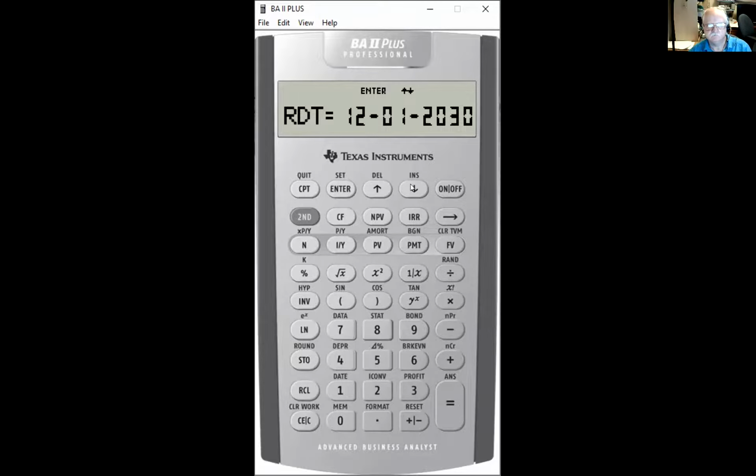Enter down. The redemption date is 6.0131. So we're hoping that's June 1st, 2031. Enter down. The basis we're looking at, RV is 100. So we like that.